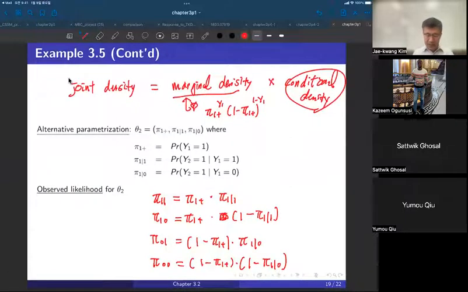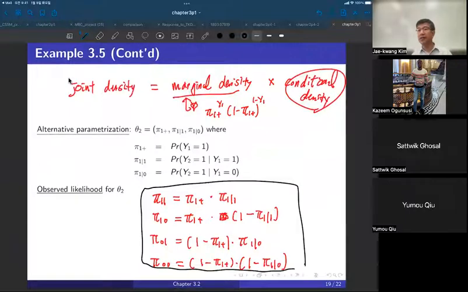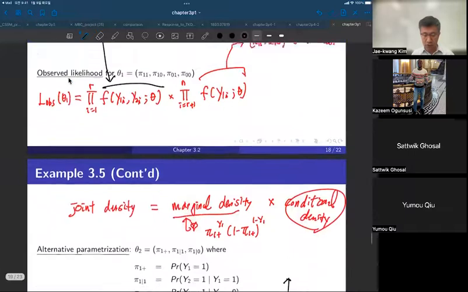So the plan is to use this relationship and plug it into here.